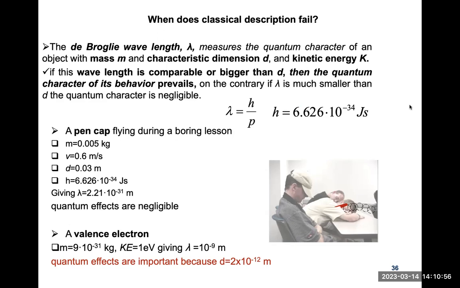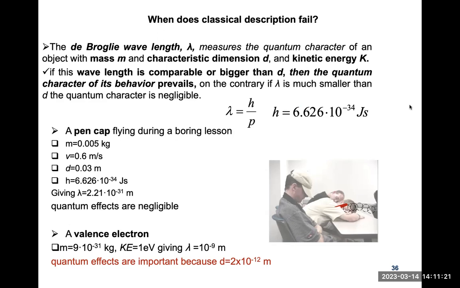So you calculate the momentum, mass times v, and divide h over p, and that gives you the hypothetical wavelength of that pen's cap represented as a wave function to be only 10 to the minus 31st meter, which is unimaginably small.